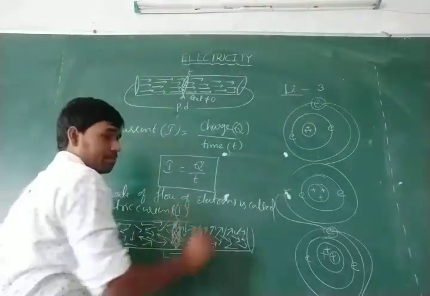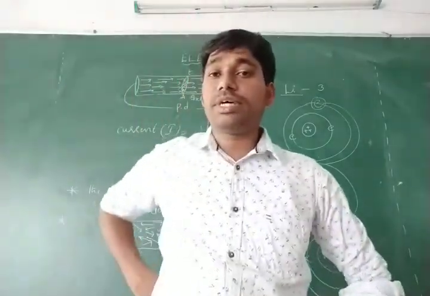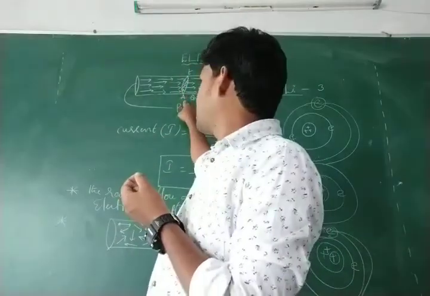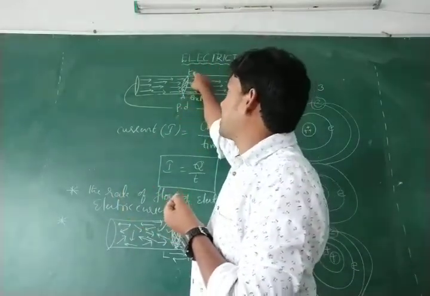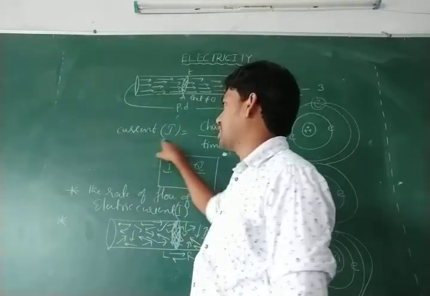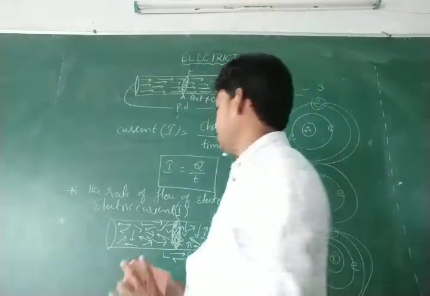This is a simple definition, or mechanical definition if you want to say it in terms of mechanics. Then Q charge crossing through the cross section area in a t interval of time is called electric current I.